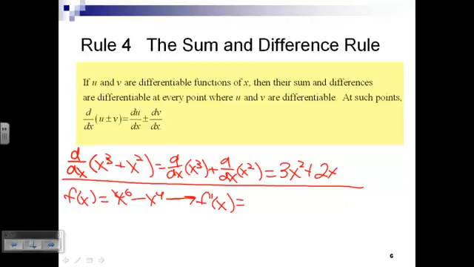This f prime is going to have to be, and I'm going to again use that notation, I'm going to take the derivative of x to the 6th, and I'm going to subtract the derivative of x to the 4th, and when I do that, I get 6x to the 5th minus 4x cubed.